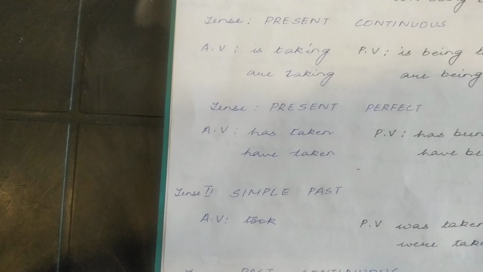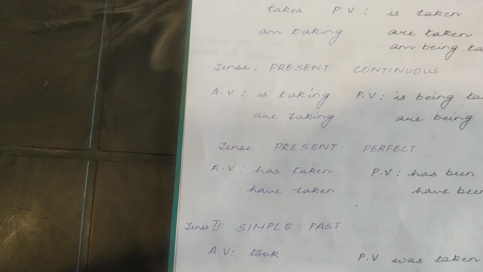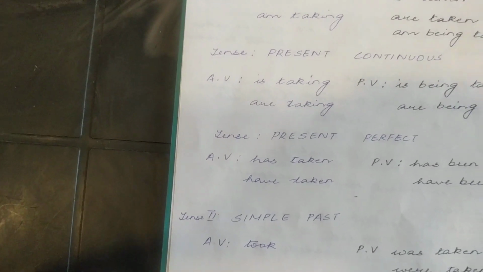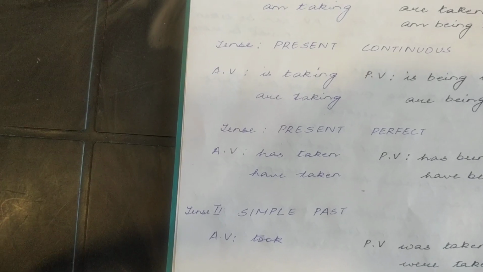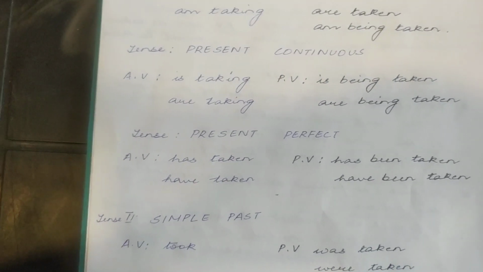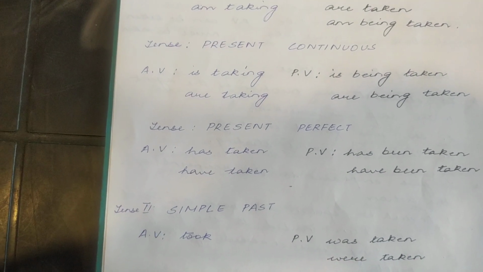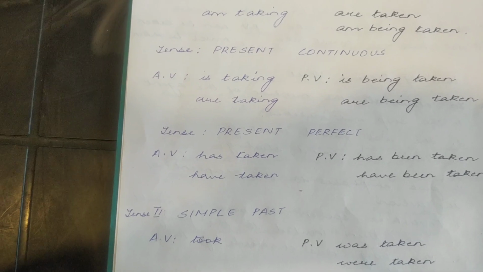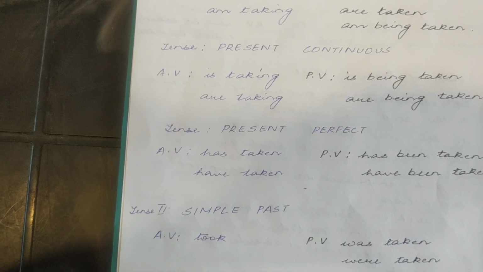We come to the third part, the present perfect tense, in which active voice has taken is shifted to has been taken in the passive voice, and have taken shifts to have been taken in passive voice.